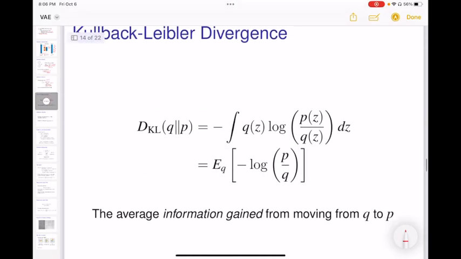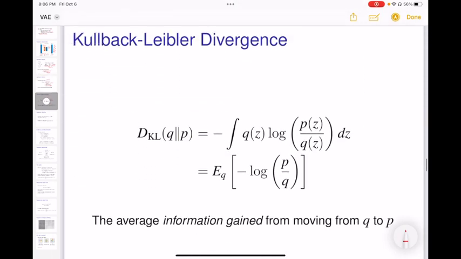Okay. So before we move on, let's just look at one math concept, and that concept is called the KL divergence, or the Kullback-Leibler divergence. What KL divergence is that it's a measure of similarity between two distributions, right?